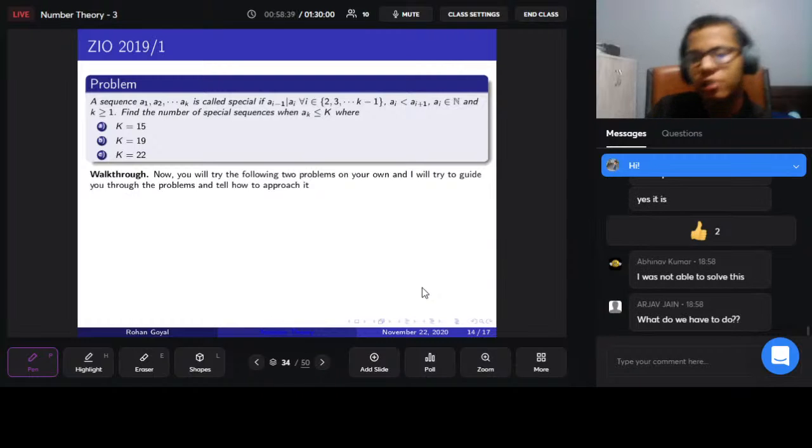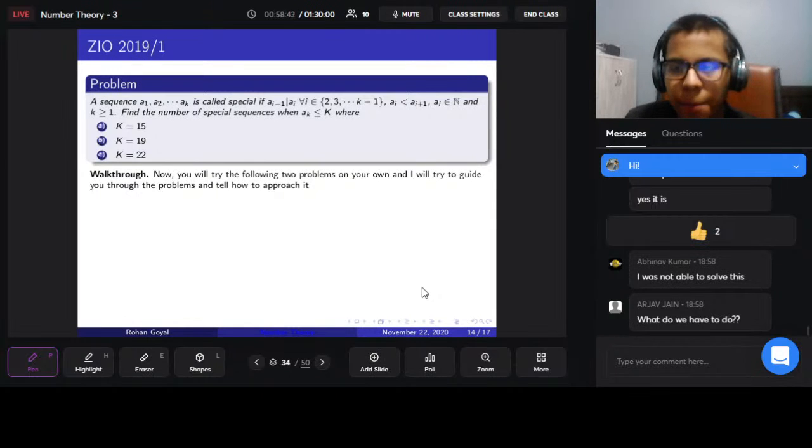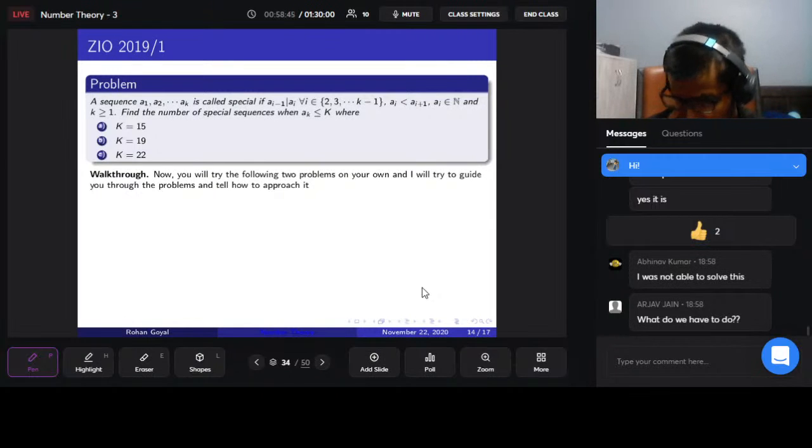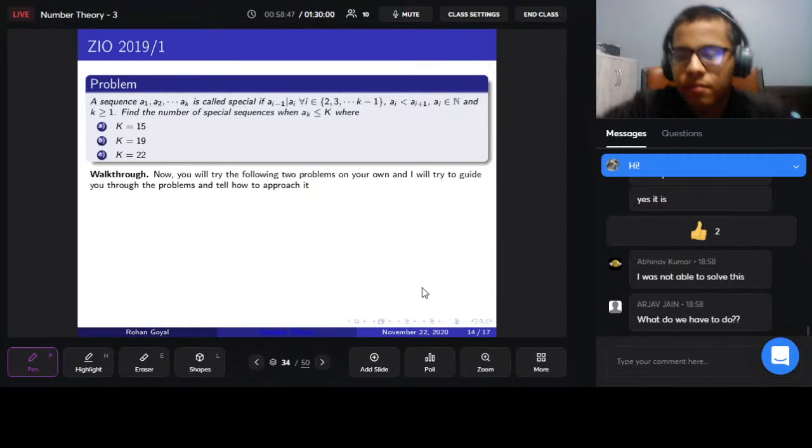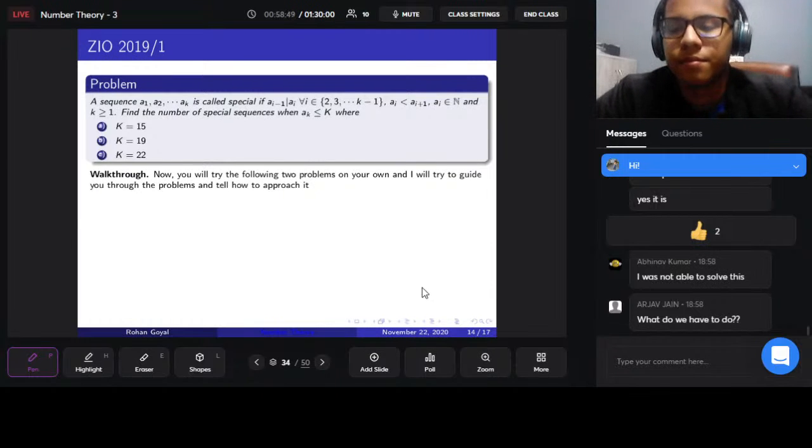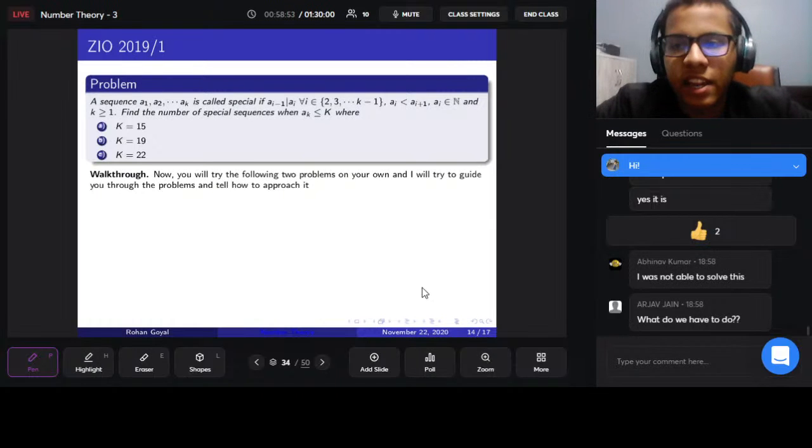You have to try to solve this problem. Whatever ideas you have, tell me. Any idea works.